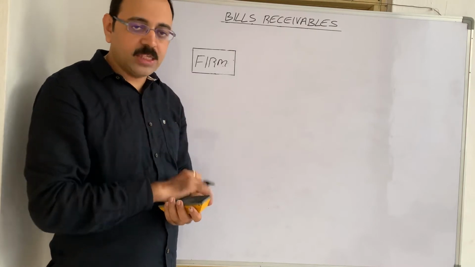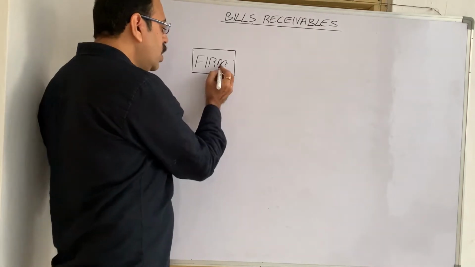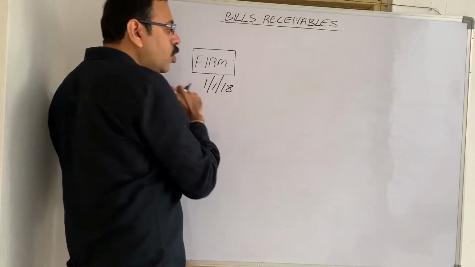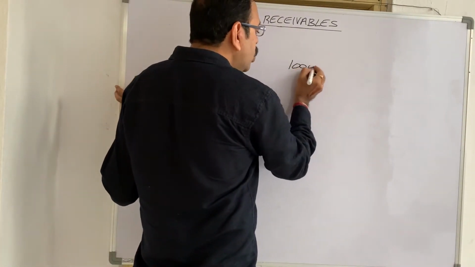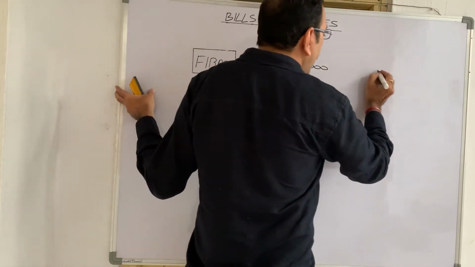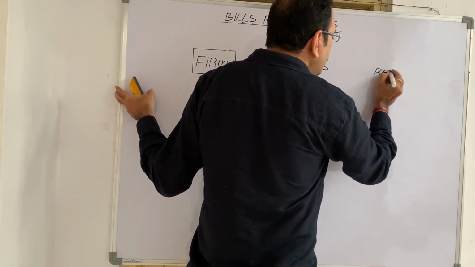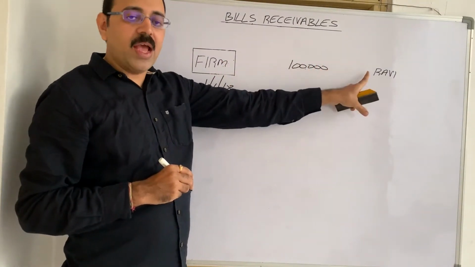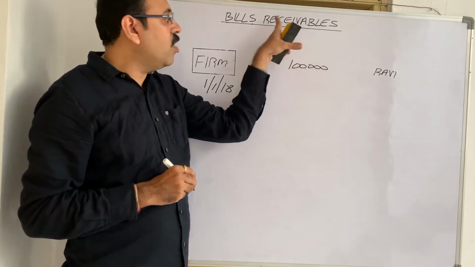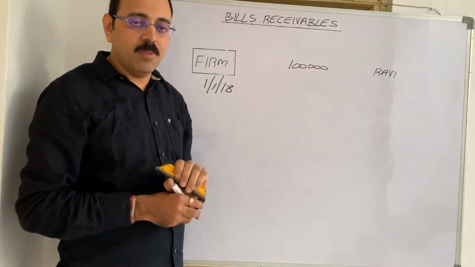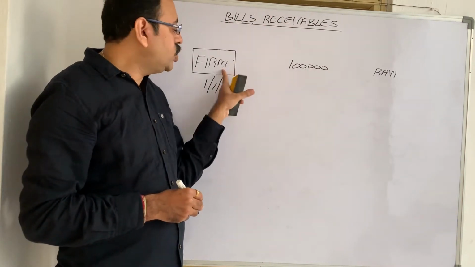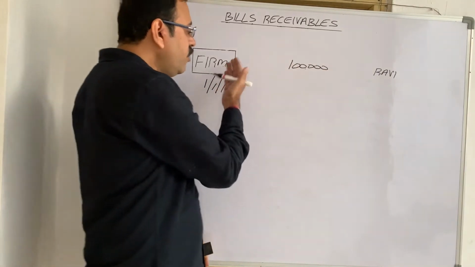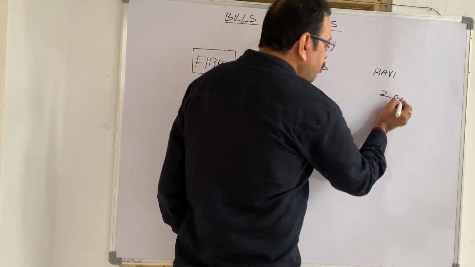With one example, I will explain this point. Suppose on 1st January 2018, the firm sold goods worth 1 lakh to a customer known as Ravi. If we sell these goods to him for cash, there is no question of generating a bills receivable. Assume that we sold these goods to him on credit basis and we have given 2 months time to him.